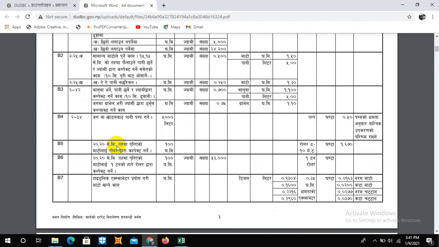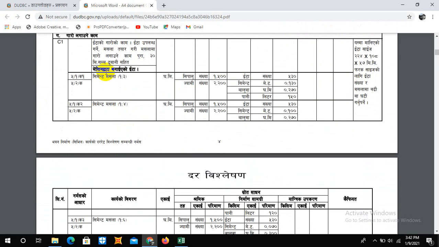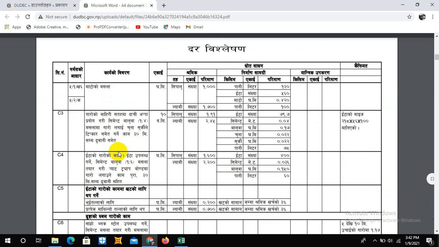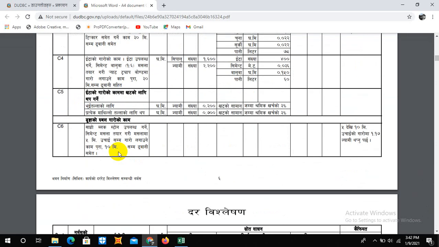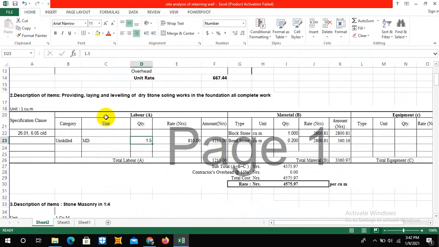You can search it from here, and in the specification I have written 1:4 or 1:6 ratio for, sorry, that's for masonry wall.